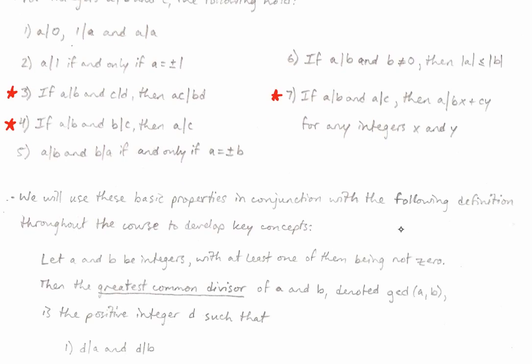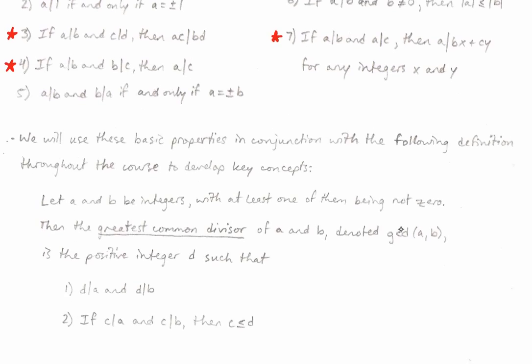concepts. And this is the statement of the definition of the greatest common divisor of two integers a and b. So let a and b be our two integers, with at least one of them not being 0.